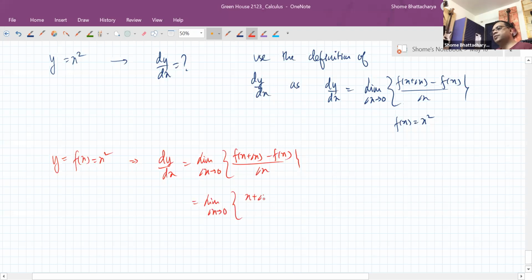So this is x plus delta x whole square minus x square divided by delta x. Now just expand it like we did for x cube. dy by dx is, yes, how much is coming? 2.